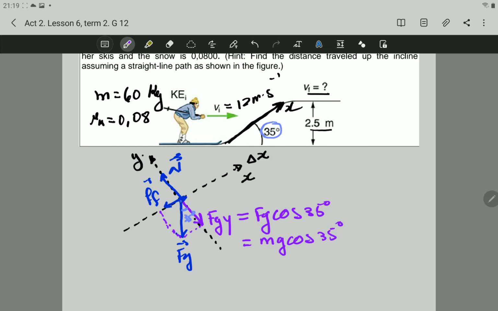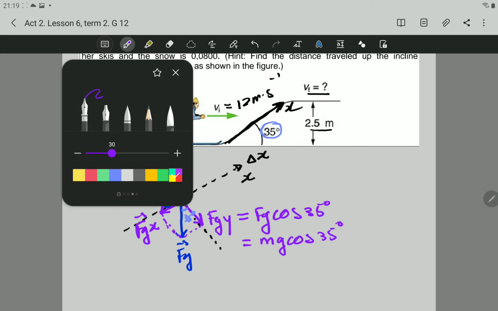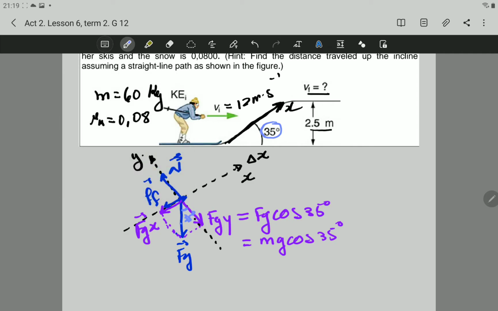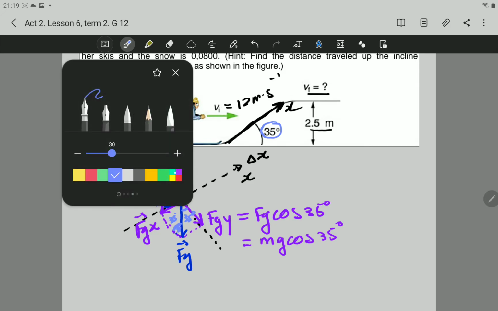And on the x-axis you will have the gravitational force component along the x-axis. This angle is equal to this other angle here, as they are alternate angles between parallel lines. This one is also 35 degrees, and it is the opposite side to the angle.